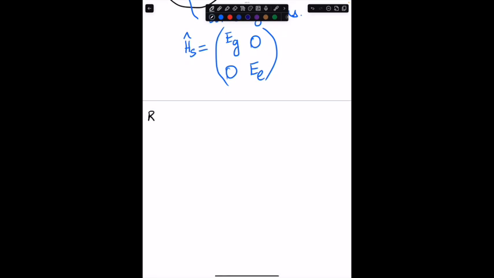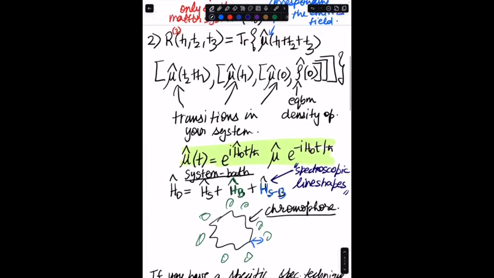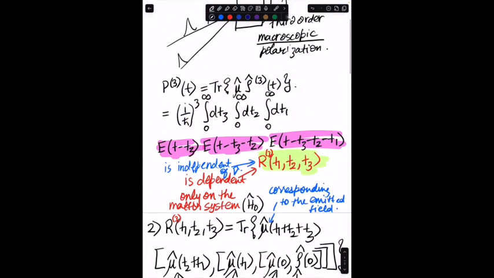So let me rewrite the response function structure. Oh, before I proceed, I would like to mention that in the last class, we had not discussed the impulsive limit approximation, where I had just left off by mentioning that these electric fields will be treated like delta functions.